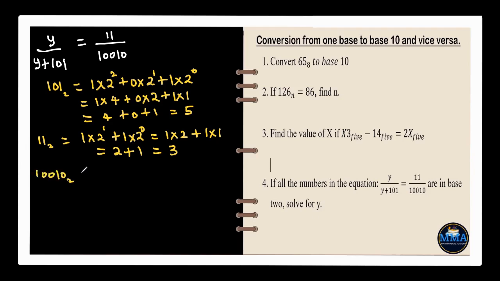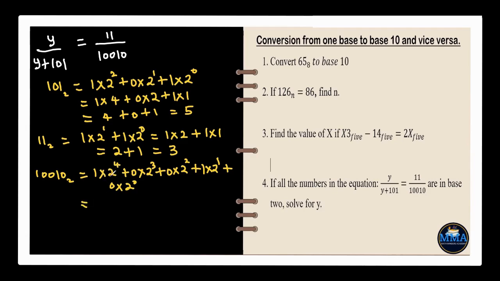Then the next is 10010 base 2. This is going to give us 1 times 2 raised to power 4 plus 0 times 2 raised to power 3 plus 0 times 2 raised to power 2 plus 1 times 2 raised to power 1 plus 0 times 2 raised to power 0.